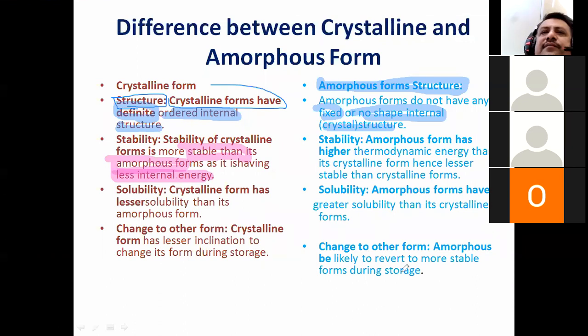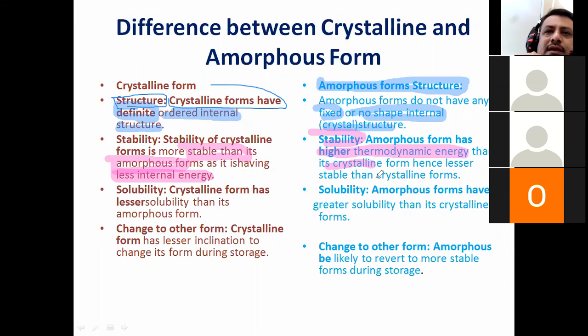On the other hand, when we talk about the stability of amorphous form, amorphous forms have higher thermodynamic energy than the crystalline form, and hence they are less stable as compared to the crystalline forms of the drug.